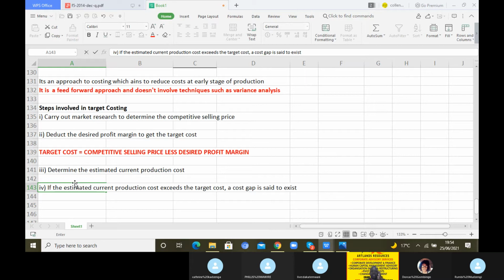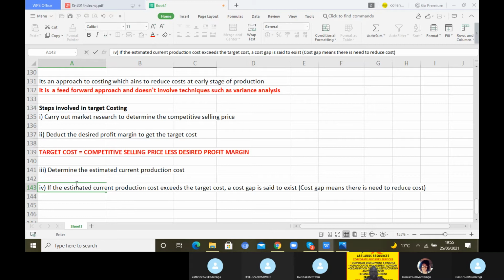Notice, if you are currently producing the product at a higher cost than the target cost, it means you have to reduce cost. That's what is called a cost gap. Cost gap does not mean the costs are not the same. Cost gap means the need to reduce cost.